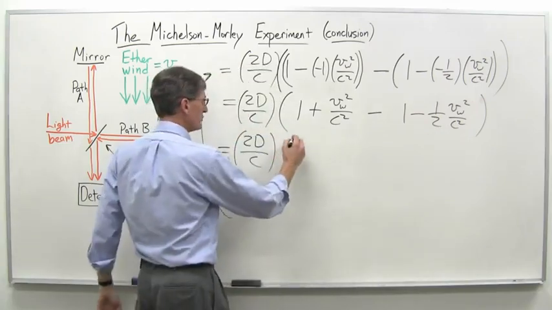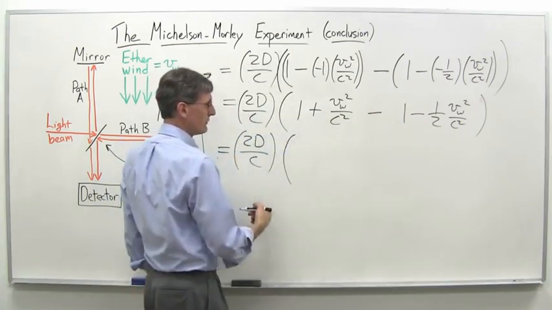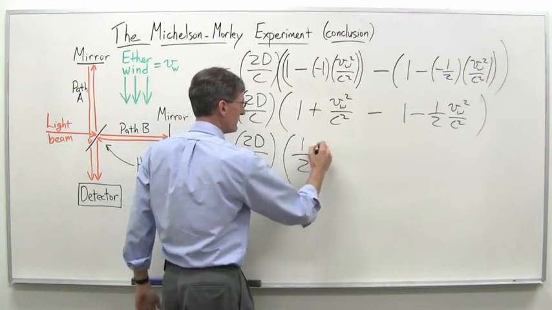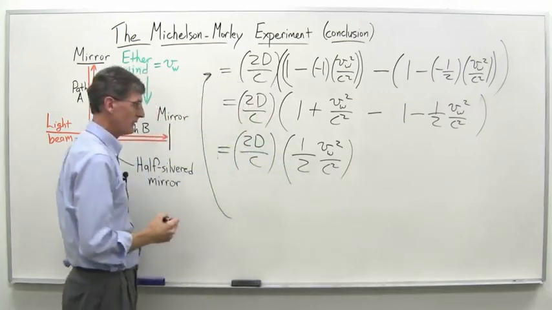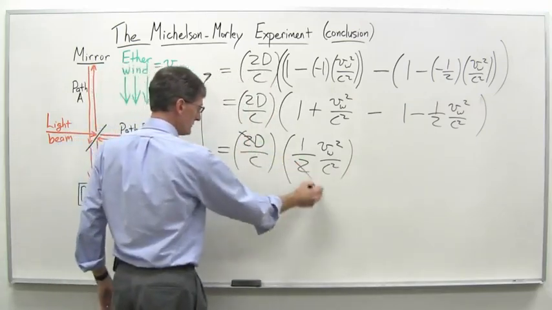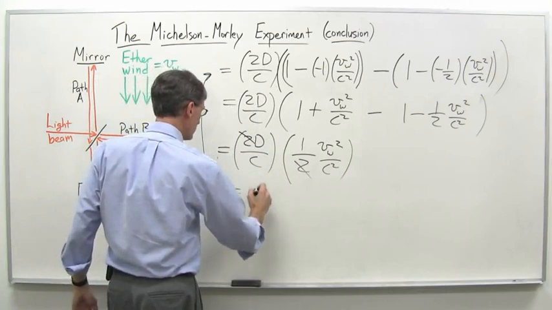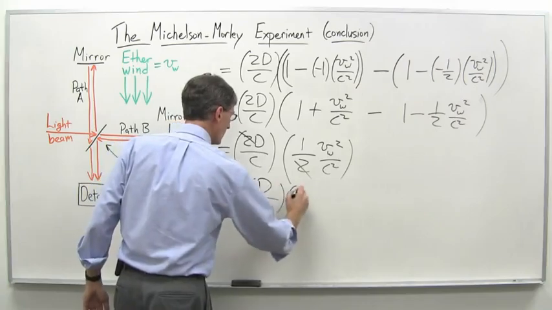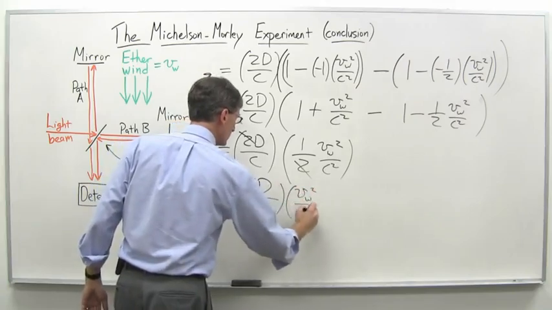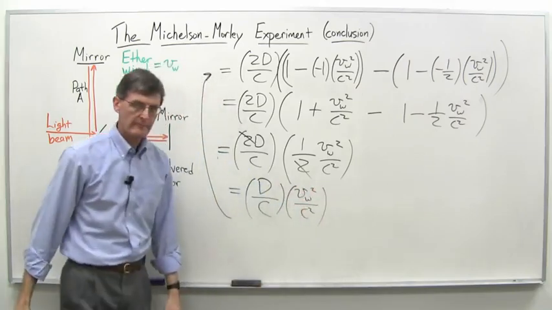So this just becomes 2d over c. The 1's disappear. I'm left with 1/2 VW squared over c squared. The 2's cancel here. And finally I'm left with d over c times VW squared over c squared.